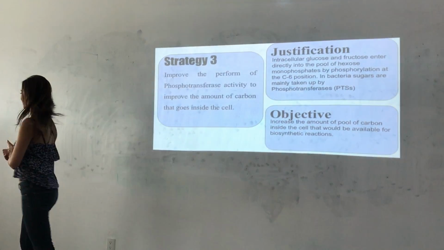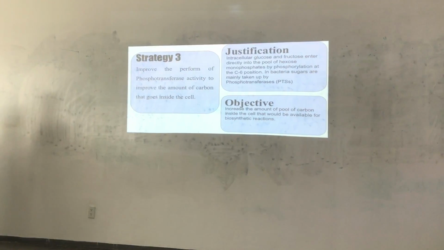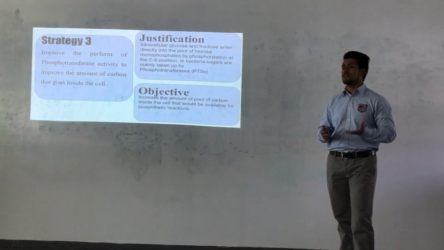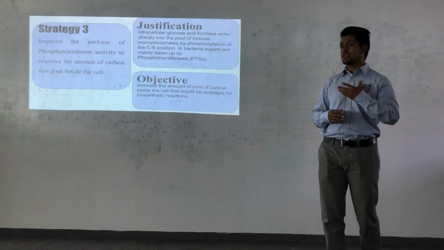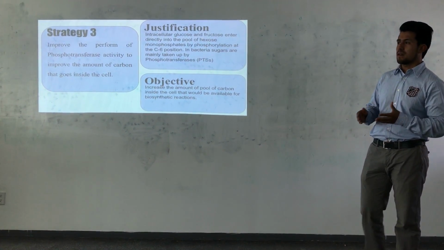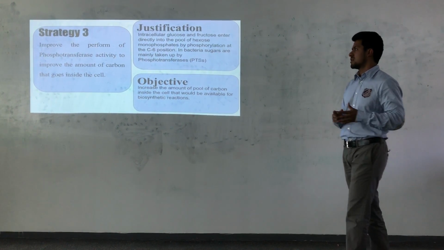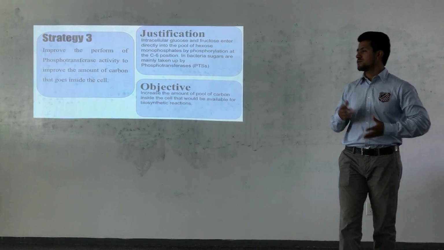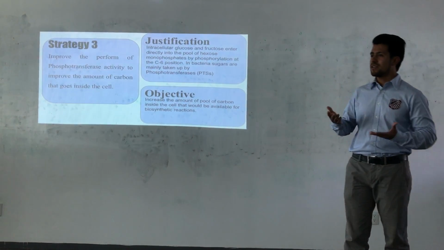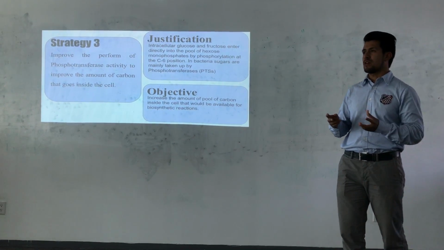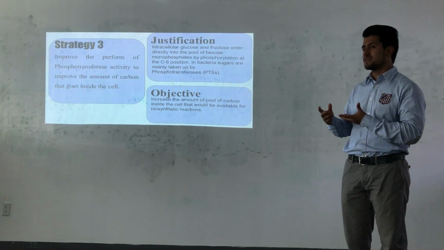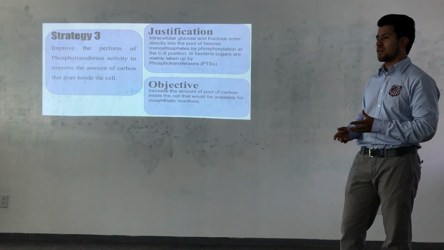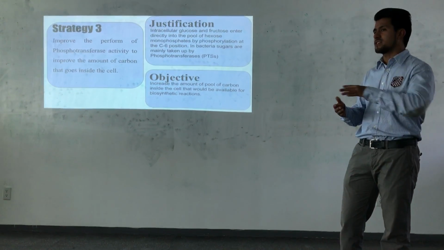Well, another strategy is, as we know, to increase the amount of a product, we have to increase the amount of carbon that goes to the pathway of interest to produce that product. So we propose to improve the performance of phosphotransferase activities, the enzyme that will phosphorylate the glucose that goes inside the cell.